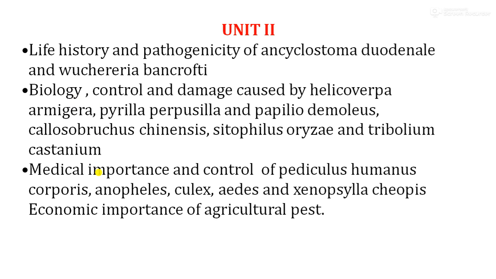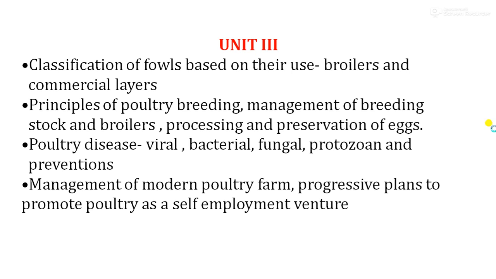The next point is the medical importance of some of the insects, that is Pediculus humanus, Anopheles, Culex, Aedes and Xenopsylla. Along with that, the economic importance of agricultural pests. These are the points we have to cover in unit 2.